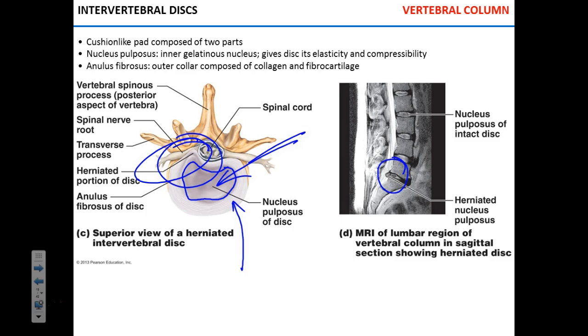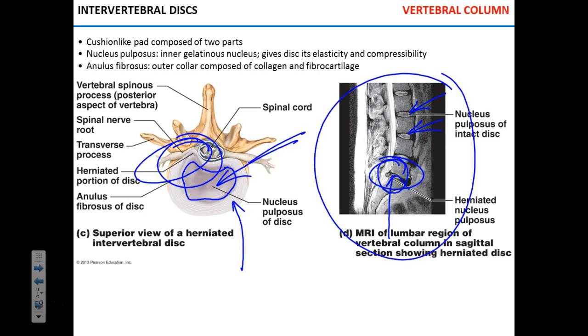Now this is the MRI which clearly shows you the intervertebral discs and the one that is herniated and protrudes into the spinal cord. Does that make sense? On these models right there, you would look at the third from the left. It actually shows it pretty well.